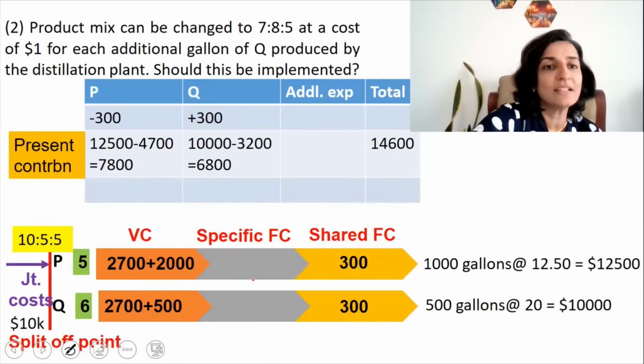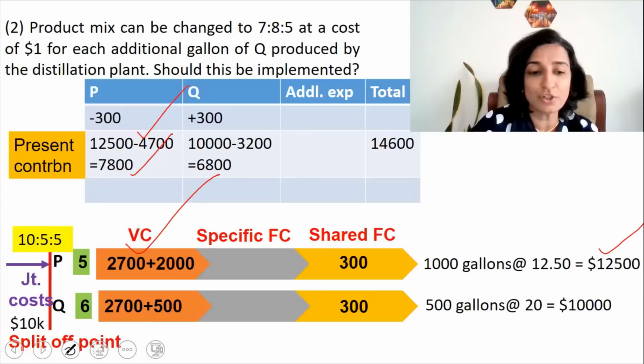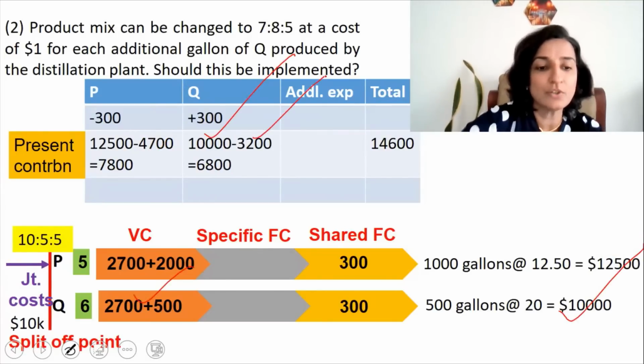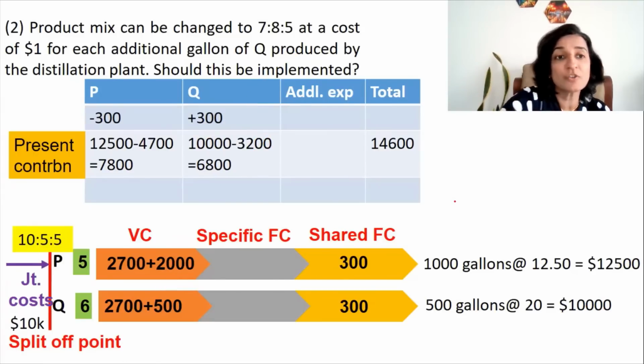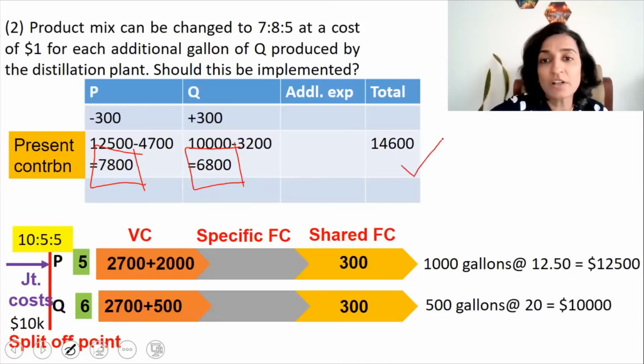So we have 12,500 minus 4,700 for P, giving an amount of $7,800. And for Q, it is $10,000 minus 3,200, giving an amount of $6,800. So our present total contribution is 7,800 from P and 6,800 from Q, giving a total amount of 14,600.